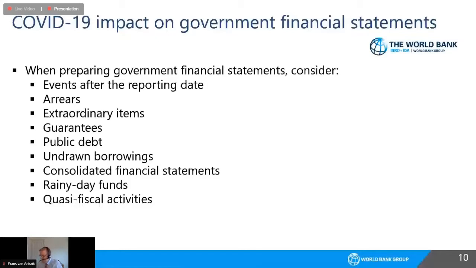Guarantees, public debt and contingent liabilities. COVID-19 brings a lot of contingent liabilities, and so many things are uncertain, particularly with public-private partnerships in place. Many of these arrangements may result in, for example, the airports and transport highways not being the assets they otherwise would have been.